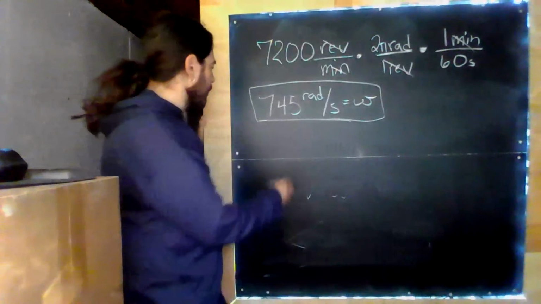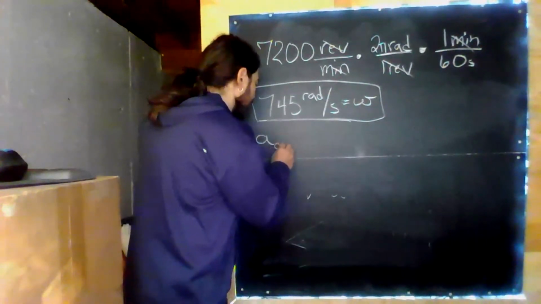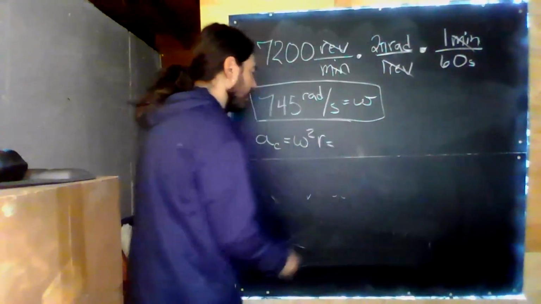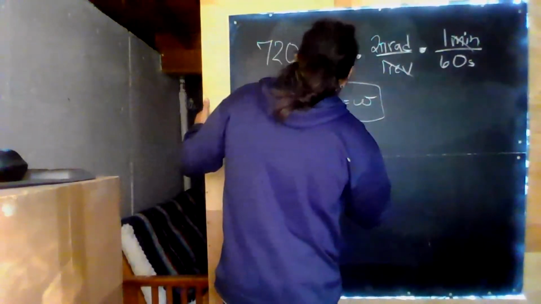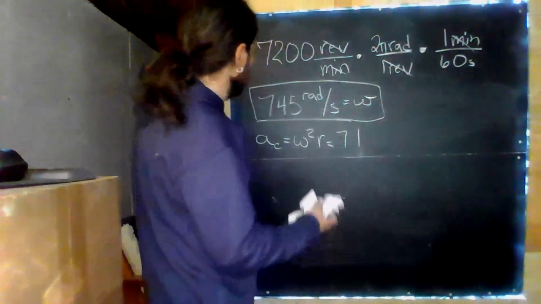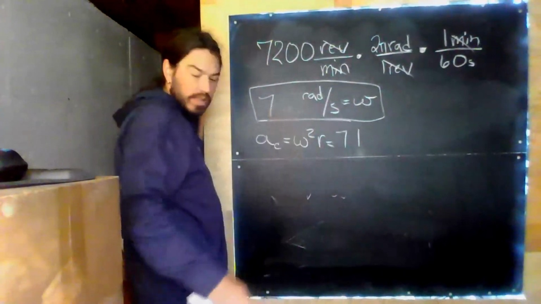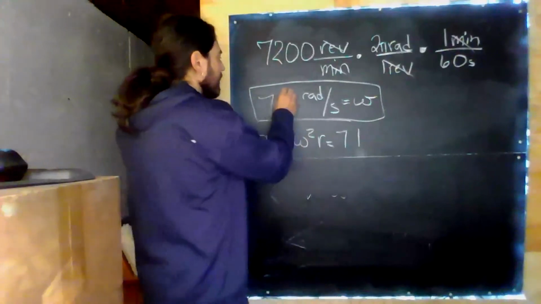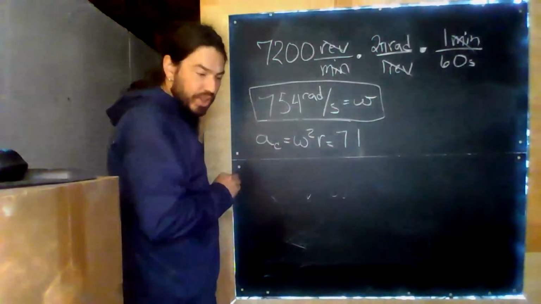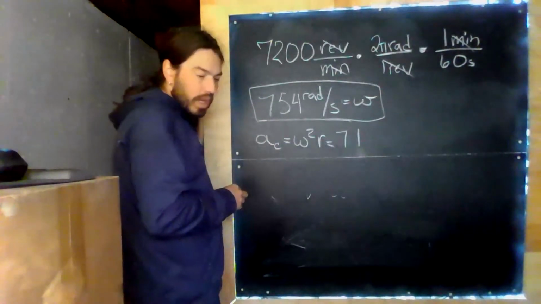How about the acceleration? Well, we could use the centripetal acceleration, which is omega squared times r. So that's 754. I do apologize, I had a backwards moment here. I wrote 745. It should be 754. Okay, moving on.